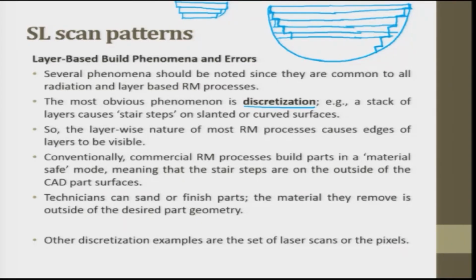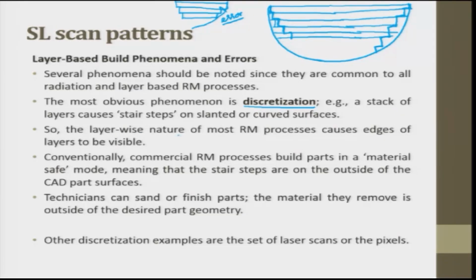When you see that, this is called the error. It is the error between the object you designed and the object you got. All these things are happening because of the phenomenon called discretization. A stack of layers causes staircase steps on slanted or curved regions. In a straight region, you will not get this effect. Whenever there is a change in slope, you will have this.